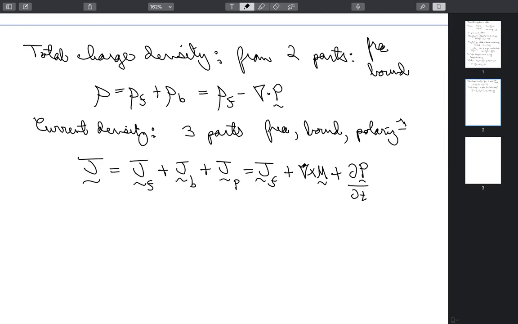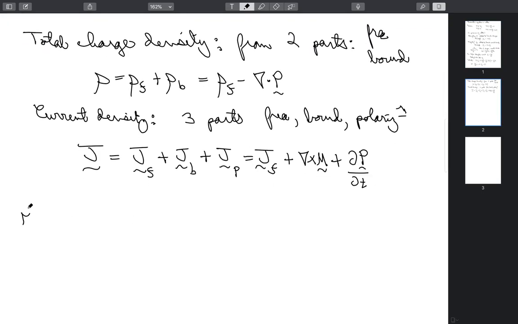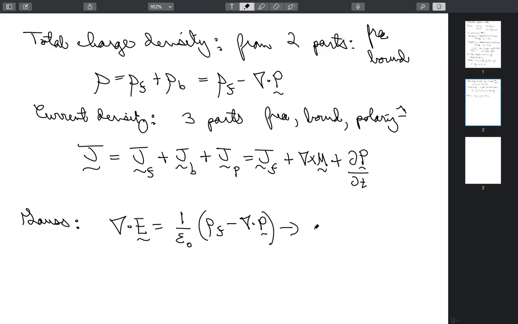So how does that work? Well, let's start with Gauss's law. If I just rewrite Gauss, I'm just going to use now that my total charge is composed of these two things. So I've got 1 over epsilon 0, and now I've got the free charge minus the divergence of P. So really what that means is that I can rewrite this as the following.